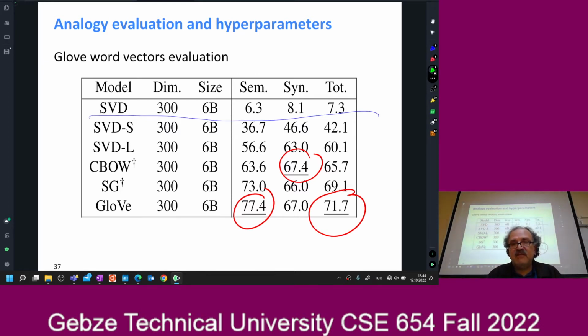Maybe a very trivial way of solving your problem, which would be a very, very bad system. So you should show that you are doing much better than the baseline. Okay, so those are the numbers.